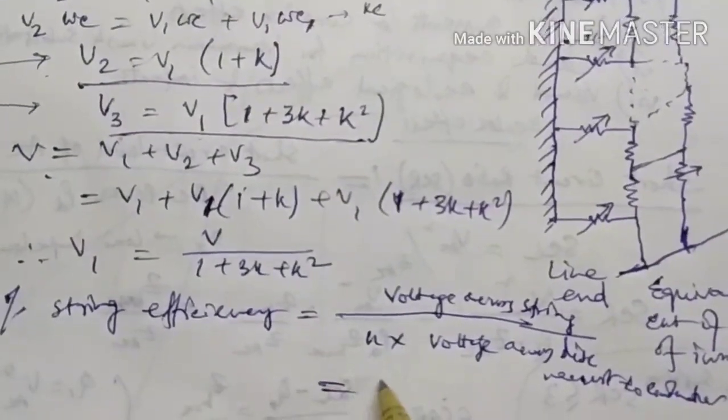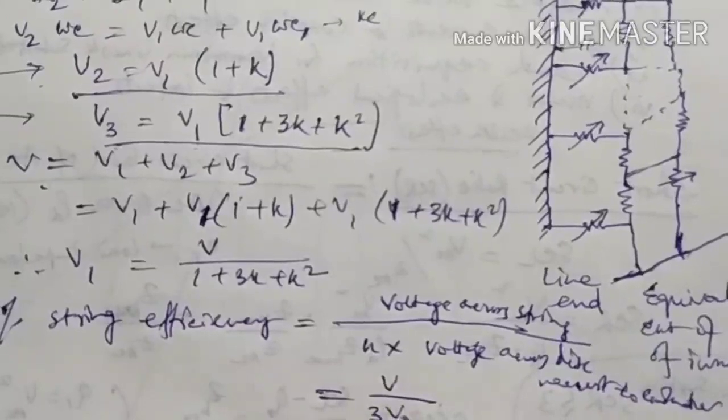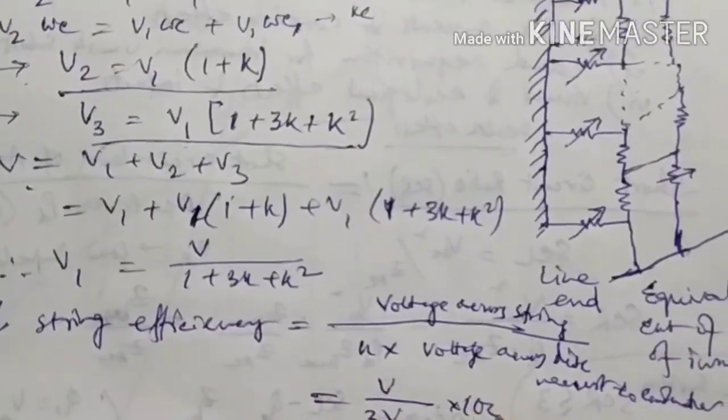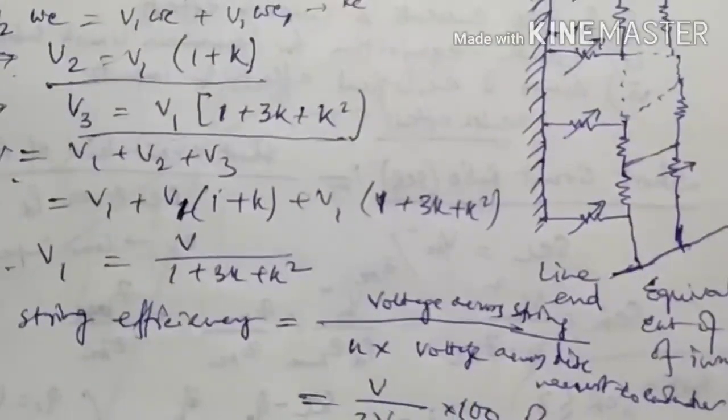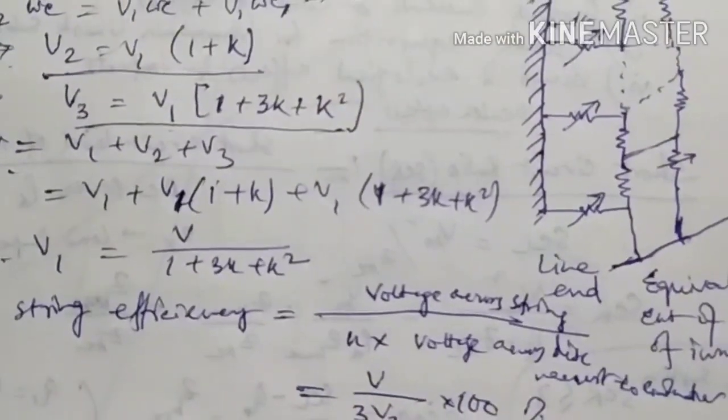So that will be V by 3V3 into 100%. So that will be the calculation of the string efficiency.